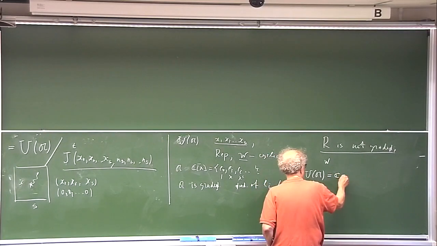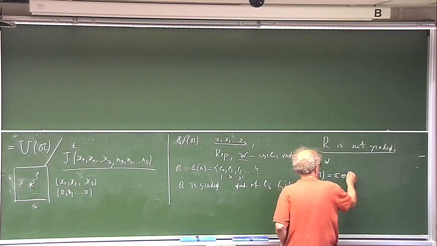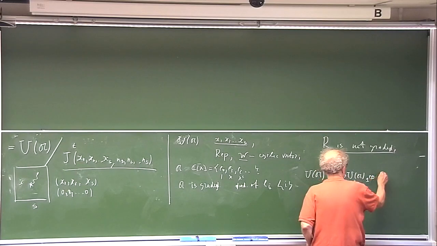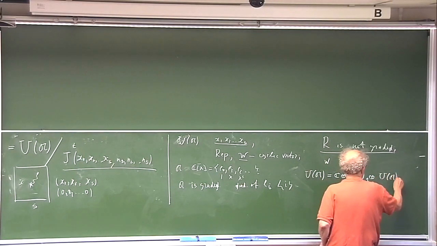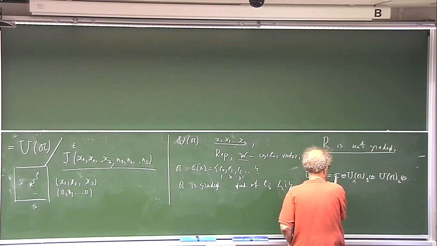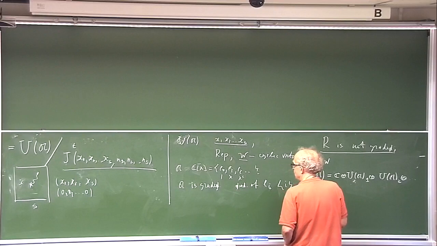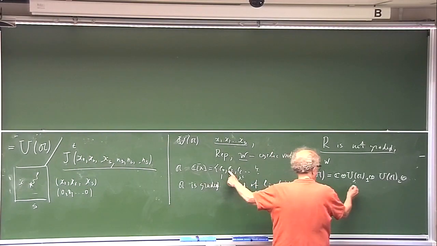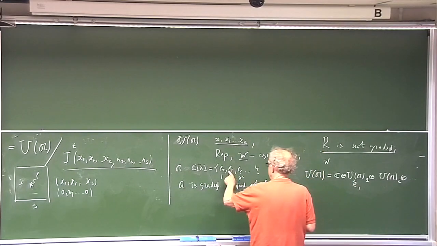It is C plus something of grading 1, something of grading 2, and so on. Anyway, this is grading 0. And surely in grading 1, we have only one element E1.